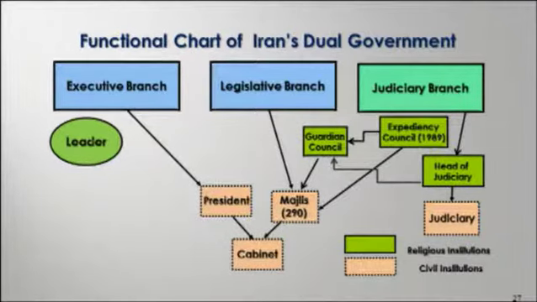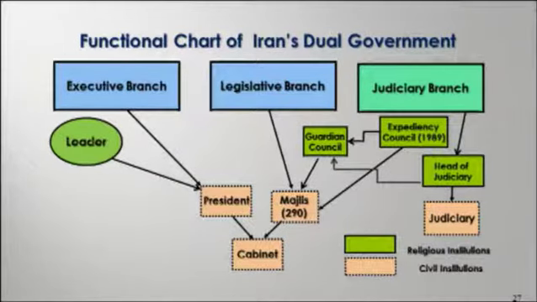The leader, for example, can dismiss an elected president in case he's found guilty either by the Supreme Court or through impeachment by the parliament. And we have had the case in which Ayatollah Khomeini, as the leader, dismissed Iran's first president, Bani Sadr. So this is the first area of influence. You can see the arrow going from the leader to the president.